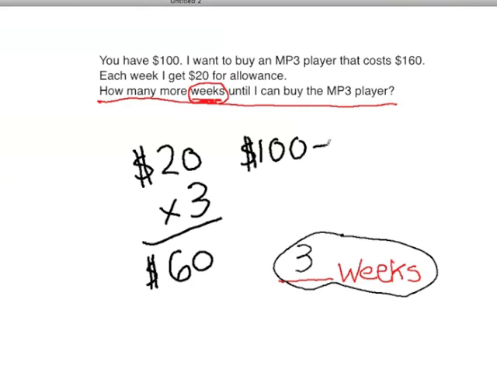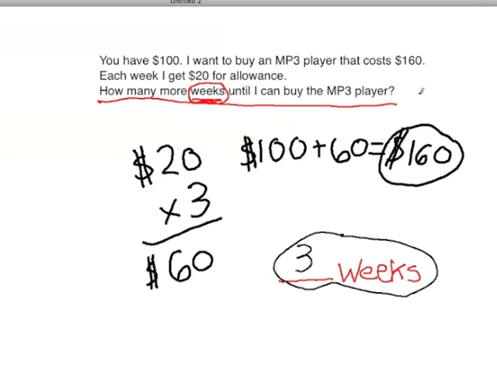So, if I add my $100 plus the $60 I earned, will that give me the amount of money that I need to buy the MP3 player? And I look, and my answer here matches the amount of money I need to buy the MP3 player, and so I know my answer is reasonable.